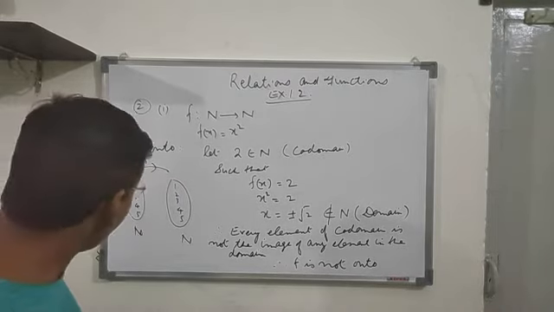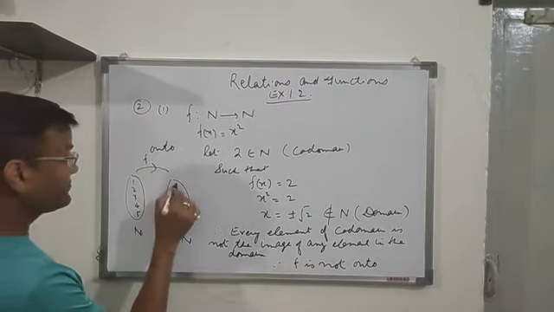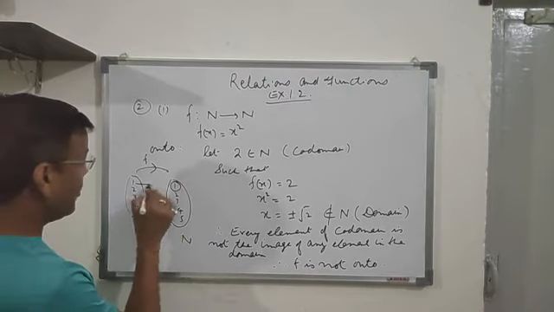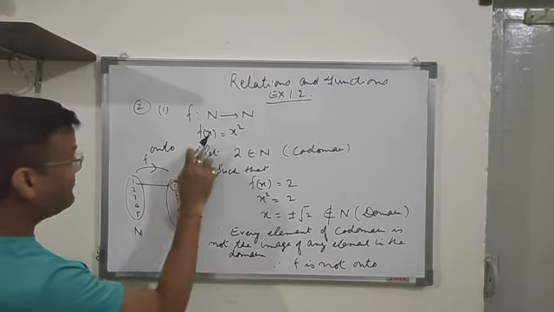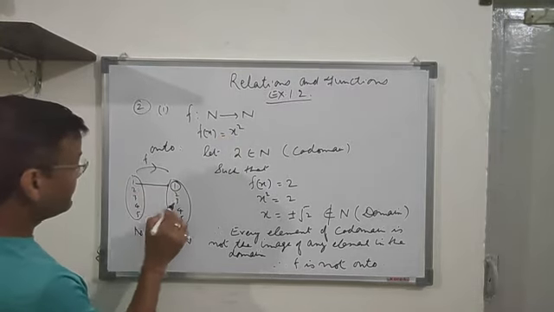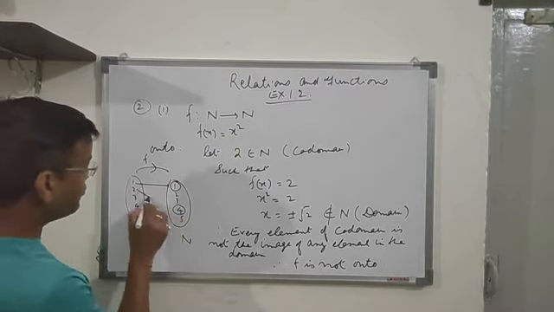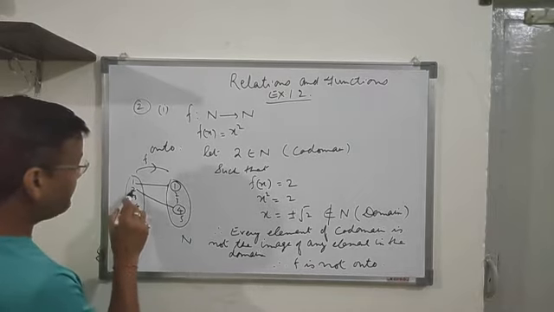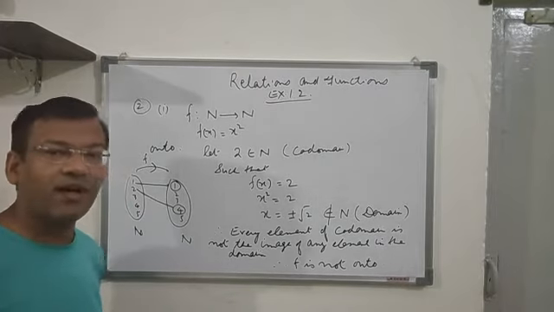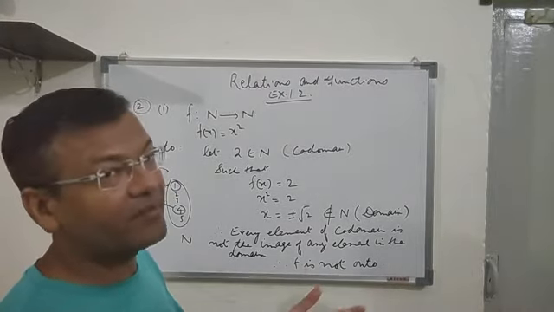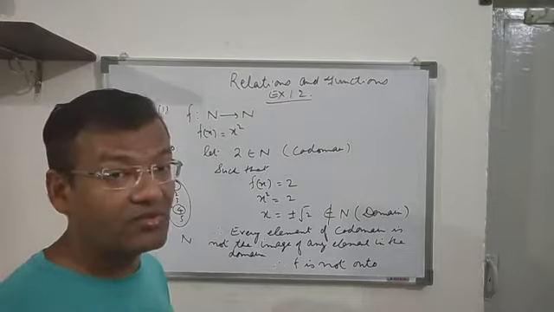So you can see that 1 is the image of 1, because f(1) equals 1 square, which gives 1. f(2) equals 2 square, so 4 is the image of 2. That means all those numbers which are perfect squares are the images of some element, but the remaining elements are unassociated.